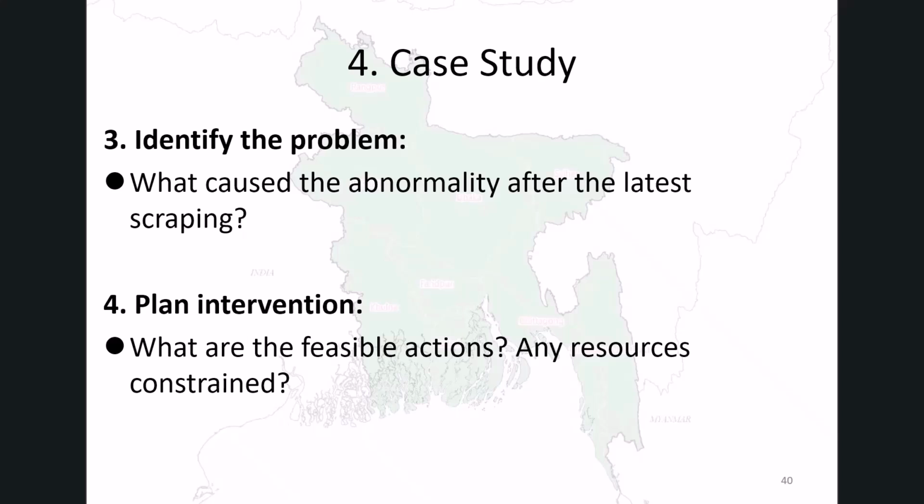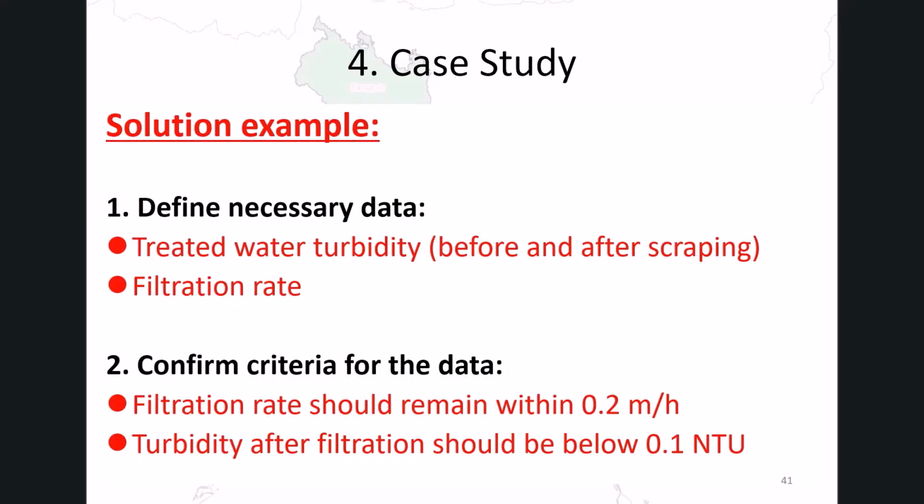After identifying the cause, feasible actions must be considered. These may include adding sand to restore thickness, reducing filtration velocity, or checking sand condition through testing, depending on available resources. From here, I am providing some ideas for solving the problems.